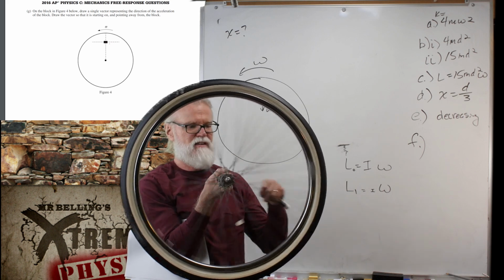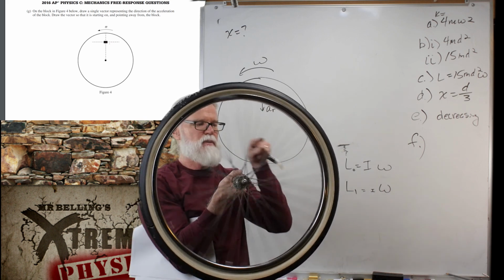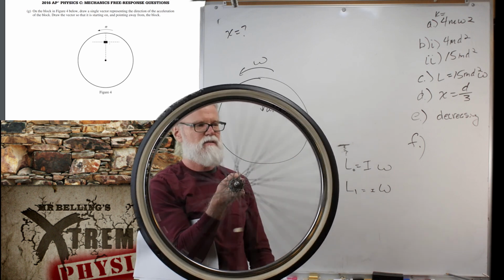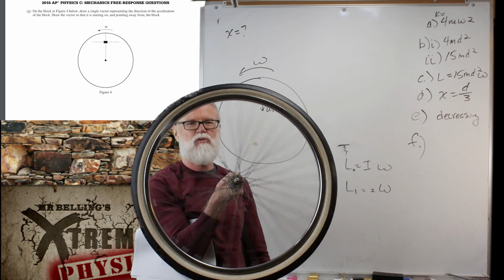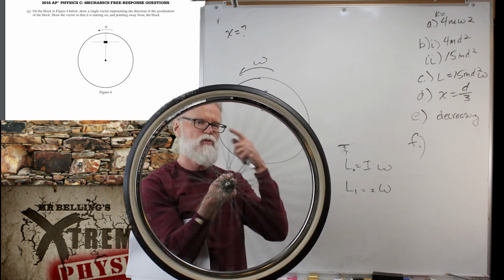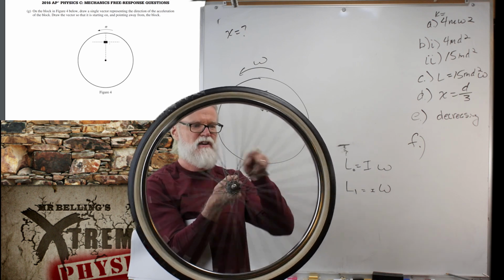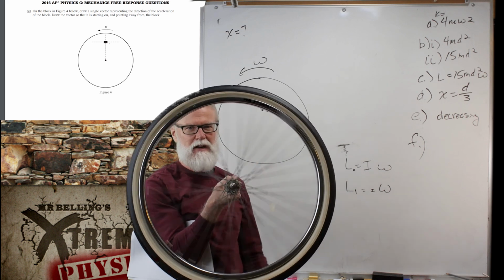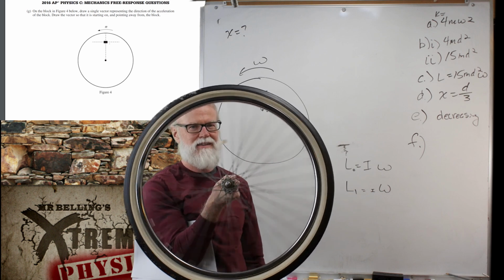See this little piece of tape that's going around? How does the speed of that piece of tape compare to the speed of something on the outer rim? The outer rim, of course, is going faster than this inner portion. The angular speeds are the same. The number of degrees per second that they're going around is the same.